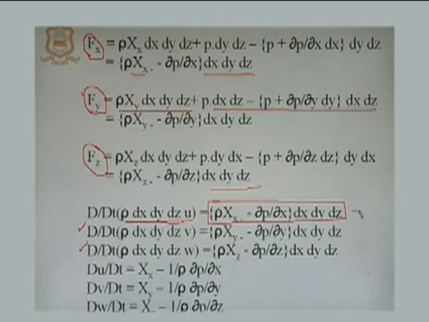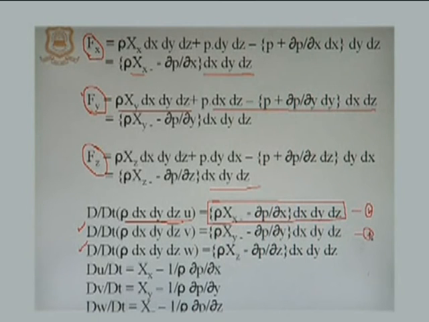So, this is the momentum equation in the x direction, this is the momentum equation in the y direction, and this one is the momentum equation in the z direction.